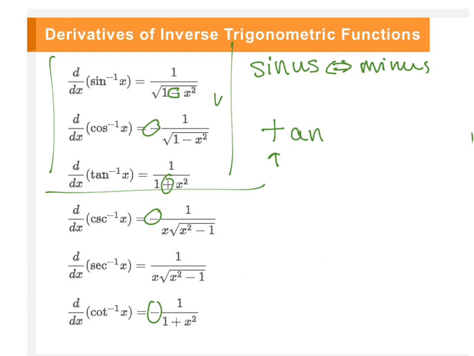The square root thing only happens on the sine one. It happens later on cosecant and secant. I think those are of far less importance. Okay? Are we good? Are we decent at least? Sinus is minus.